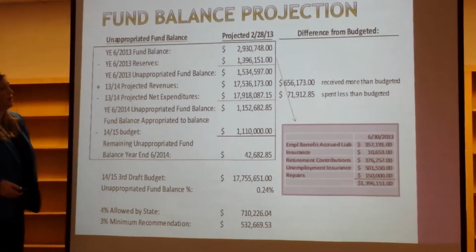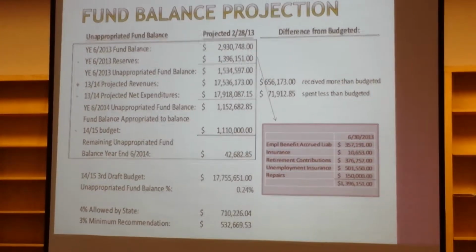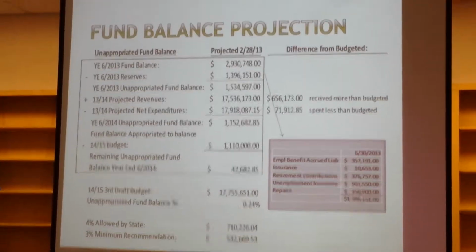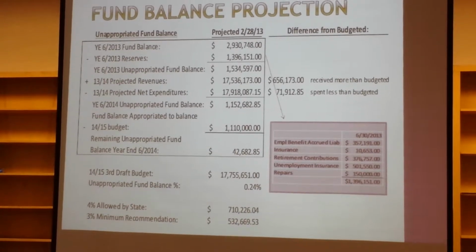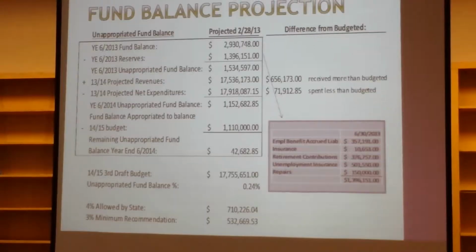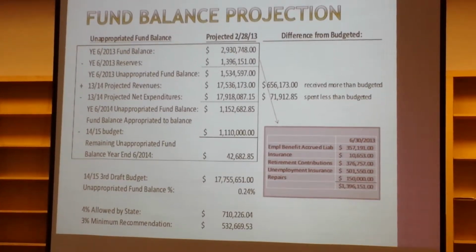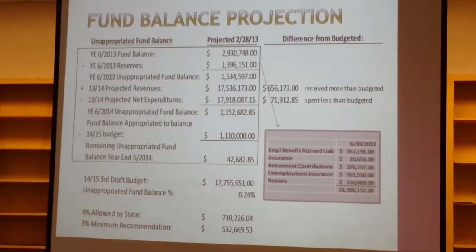This is the 2.9 is our fund balance that we had at the end of last fiscal year, and that's reflected in our audited statements. Our reserves were part of that. That 2.9 includes our appropriated and our unappropriated. So if we take out our reserves of 1.3 million, it leaves us with our unappropriated fund balance.